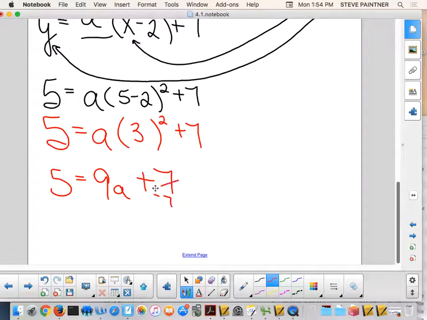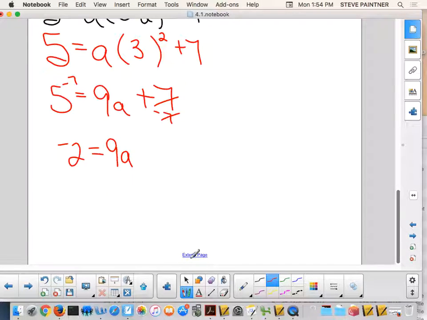Minus 7. 5 minus 7 is negative 2. Divide by 9. What is the compression factor? Negative 2 ninths. Nobody said that. I think the closest person was whoever said 1/4, because that's 0.222 repeating and 1/4 is 0.25.